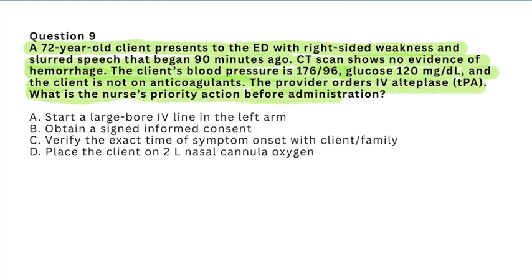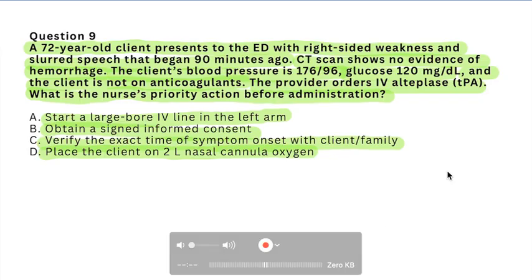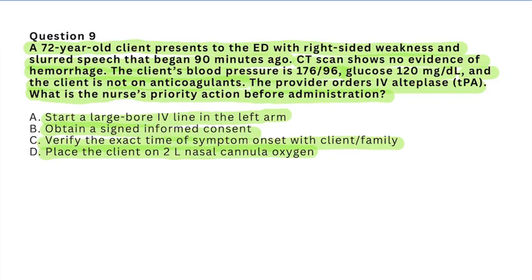What is the nurse's priority action before administration? Is it letter A, start a large IV line in the left arm? Letter B, obtain a signed informed consent? Letter C, verify the exact time of symptom onset with family members or the client? Letter D, place the client on 2 liters nasal cannula oxygen.